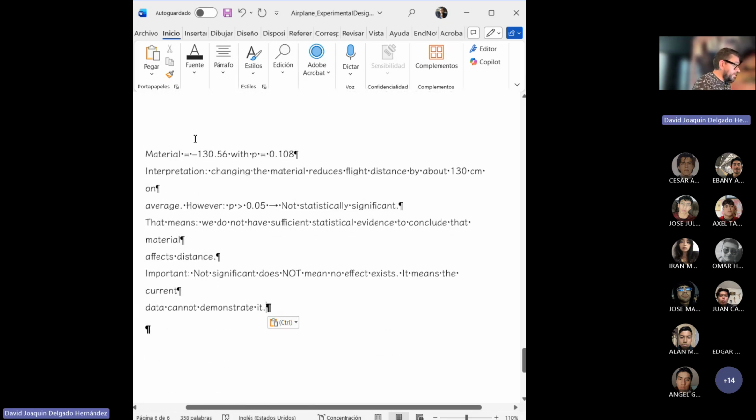The material coefficient is minus 130.56, and this has a probability of 0.10.